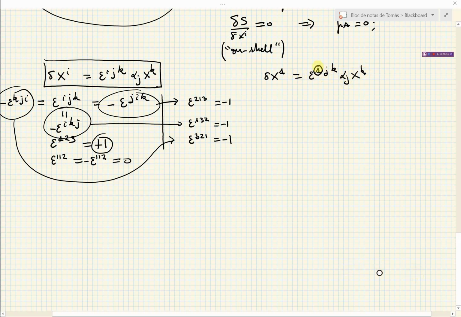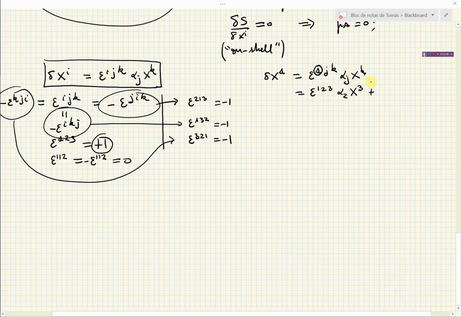If 1 is taken, neither j nor k can take the value 1. They have to take the values either 2 or 3. So one possibility is that j takes the value 2, but then k has to take the value 3. So this would be alpha_2 because it has the same index as j, and x has to be x_3.